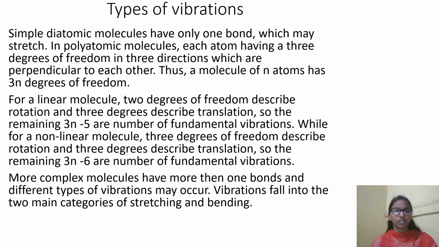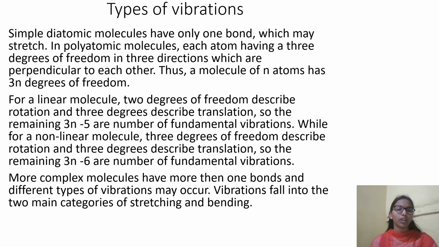Types of vibrations. Simple diatomic molecules have only one bond which may stretch. In polyatomic molecules, each atom has 3 degrees of freedom in 3 directions which are perpendicular to each other. Thus, a molecule of n atoms has 3n degrees of freedom.